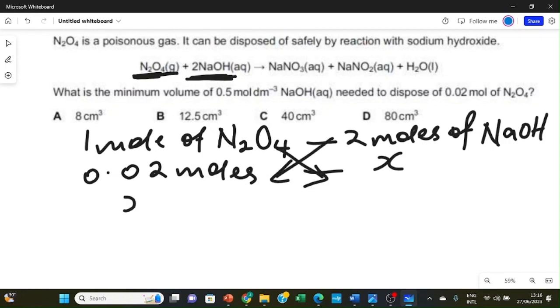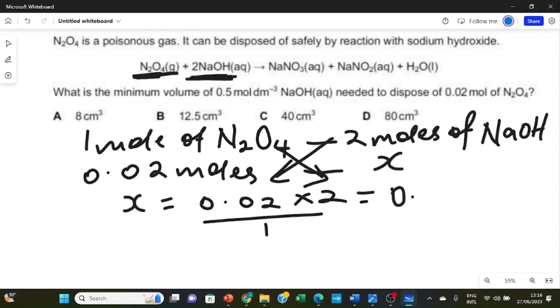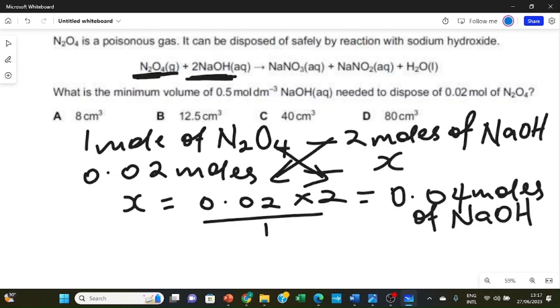X will be equal to 0.02 times 2 over 1. Let me use my calculator: 0.02 times 2 is equal to 0.04 moles of sodium hydroxide.